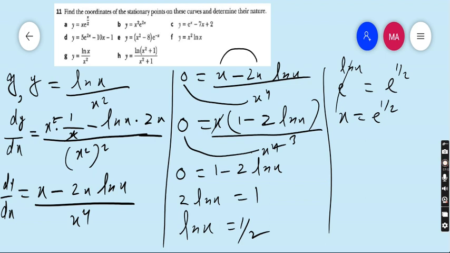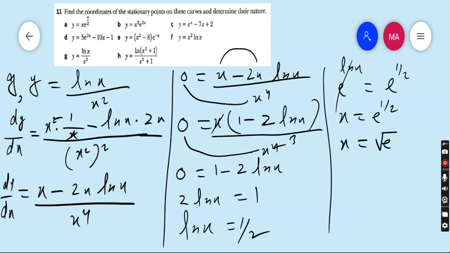Yes, sorry, 100% correct. The answer in the book is root e, and e power half is root e. Sorry for this. Sometime it happens, especially with me. Now x is equals to root e.